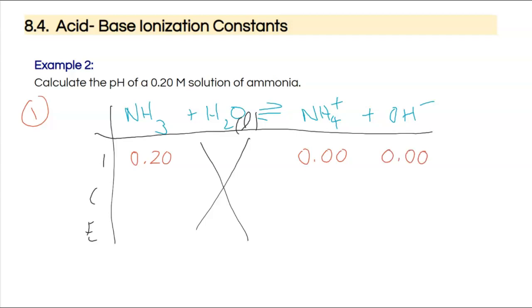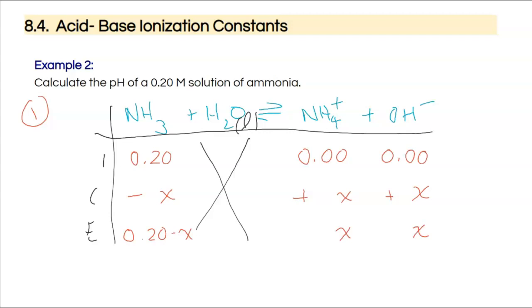I know that over time, because I have no dissociation at the onset, my ammonia concentration is going to decrease, giving me the expression 0.20 minus X at equilibrium. My ion concentrations can only increase, and so I'm going to represent that with the variable X in this case.